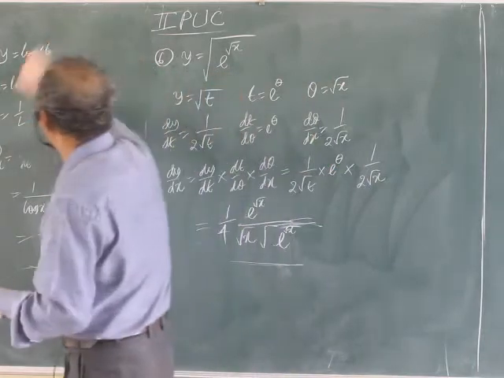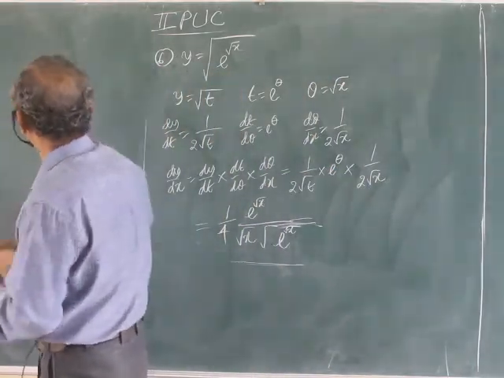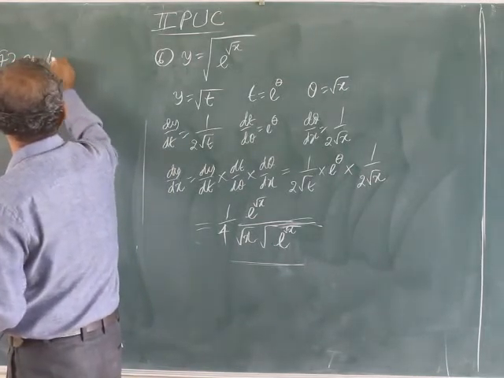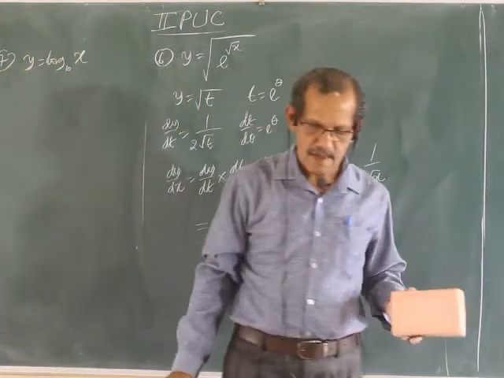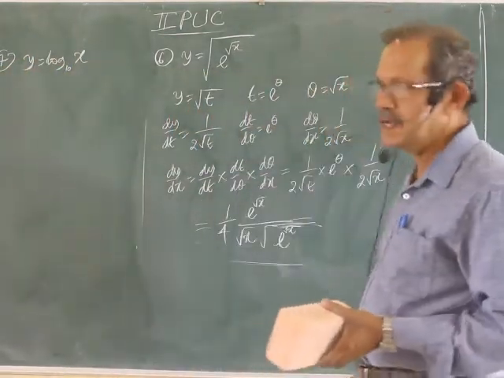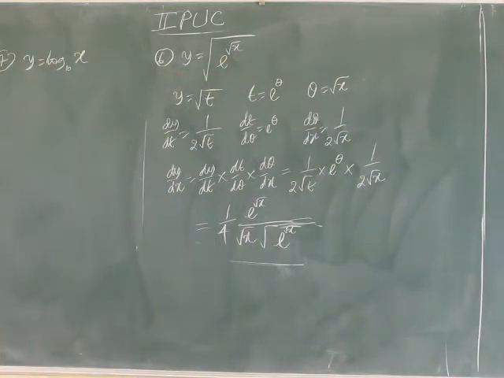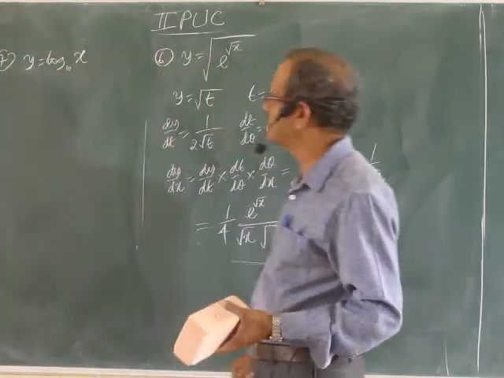And the last problem I have given is y equal to log x. Last problem, log x, but the base is 10. How to find dy by dx? We know the derivative of log x function, but to the base e, natural logarithm.